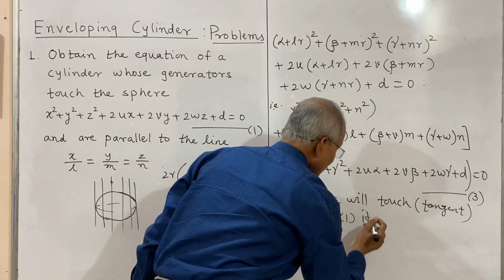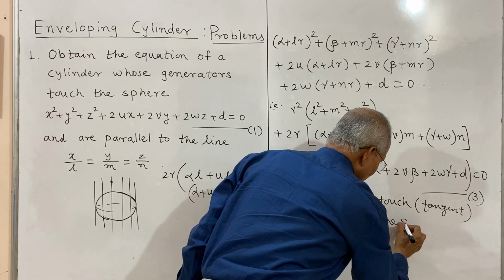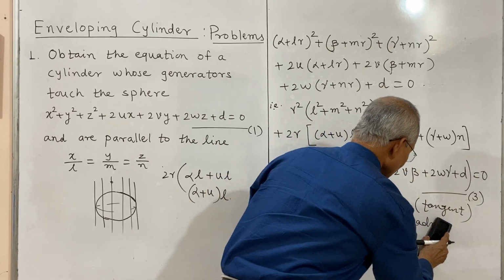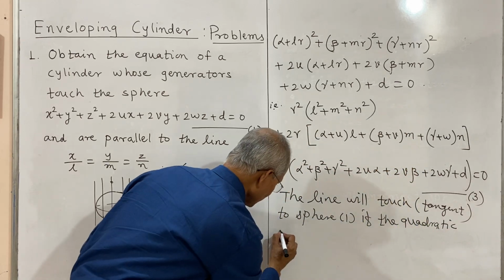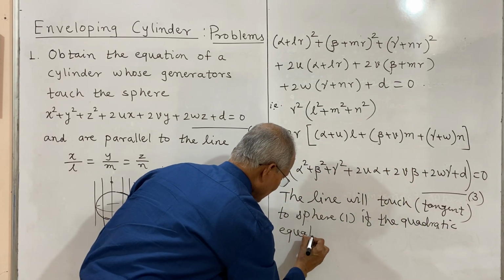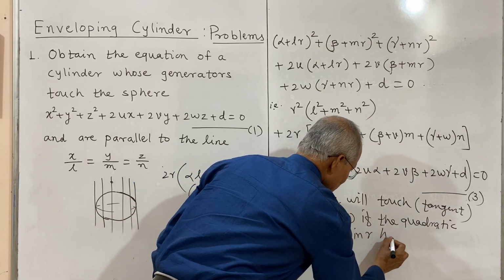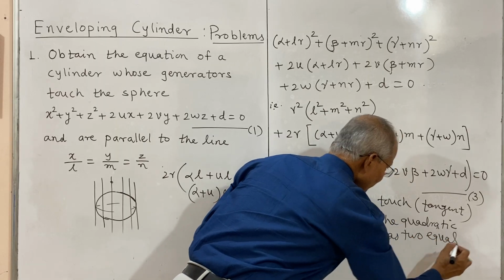is that this quadratic equation 3 in R must have 2 equal roots. This is the condition of tangency.